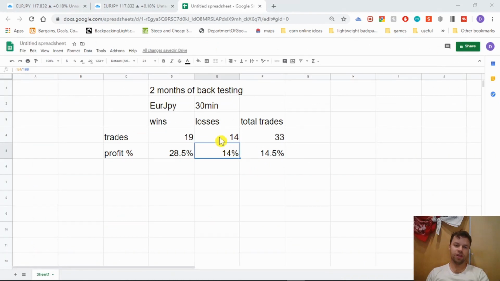Here are the results of 2 months of backtesting the Euro Yen on the 30-minute time frame. We have 19 wins and 14 losses, a total of 33 trades.